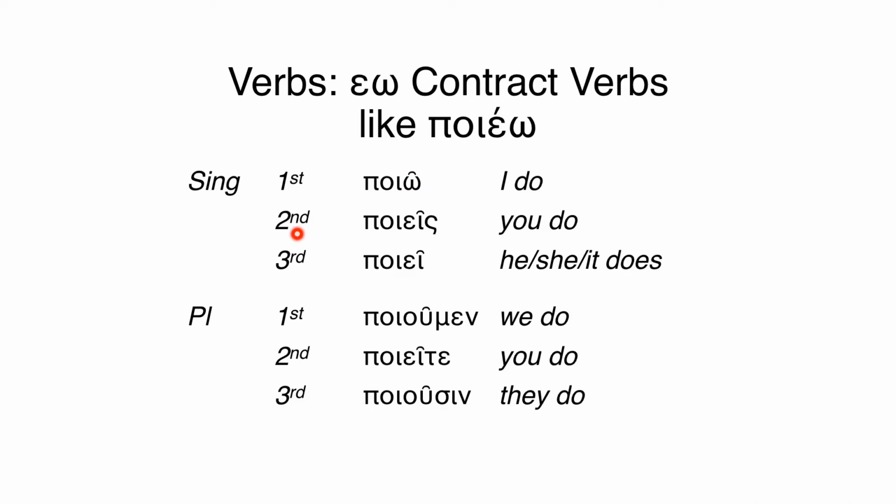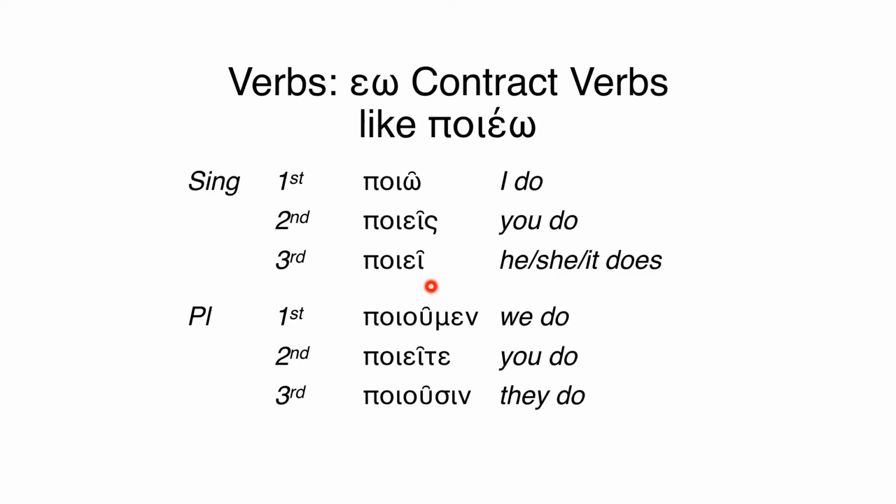The present active indicative second person singular is poies, or in modern Greek, piis. The present active indicative third person singular is poie, or pe. Again, notice the circumflex over each of these endings.